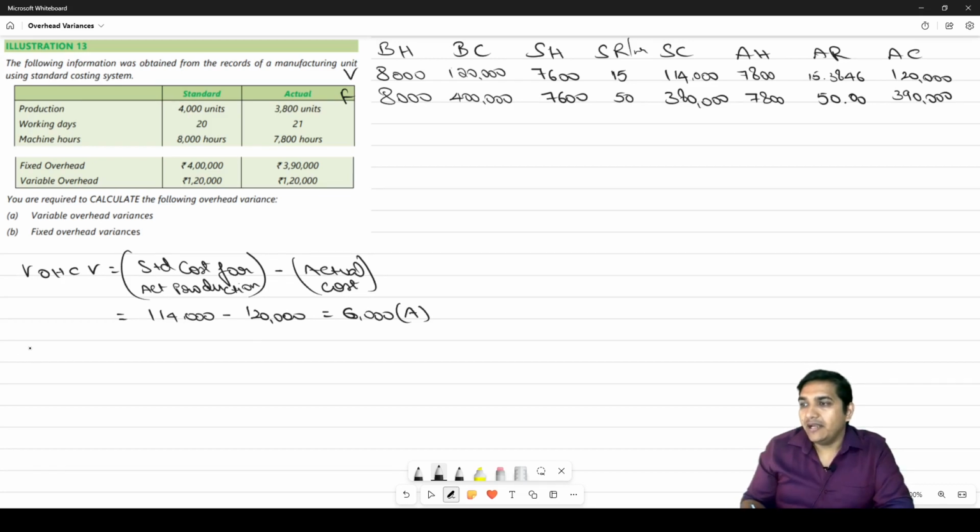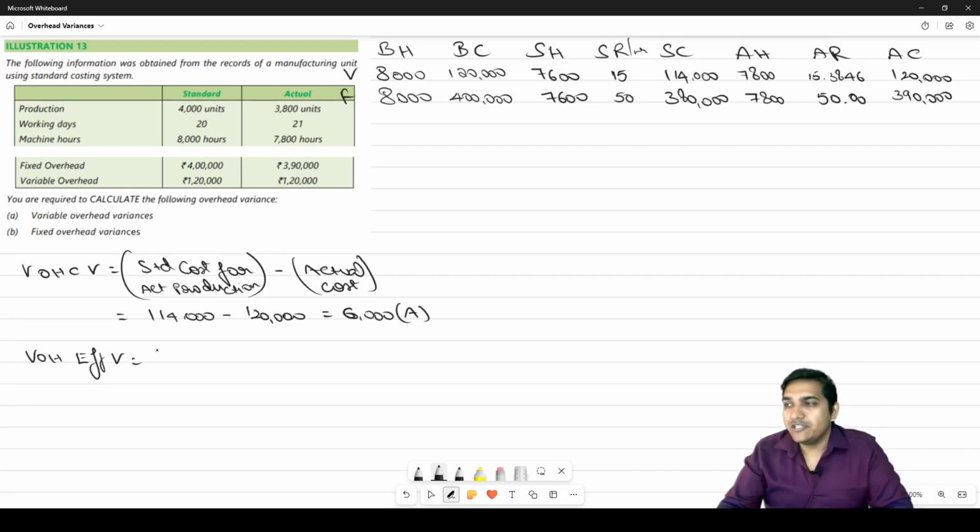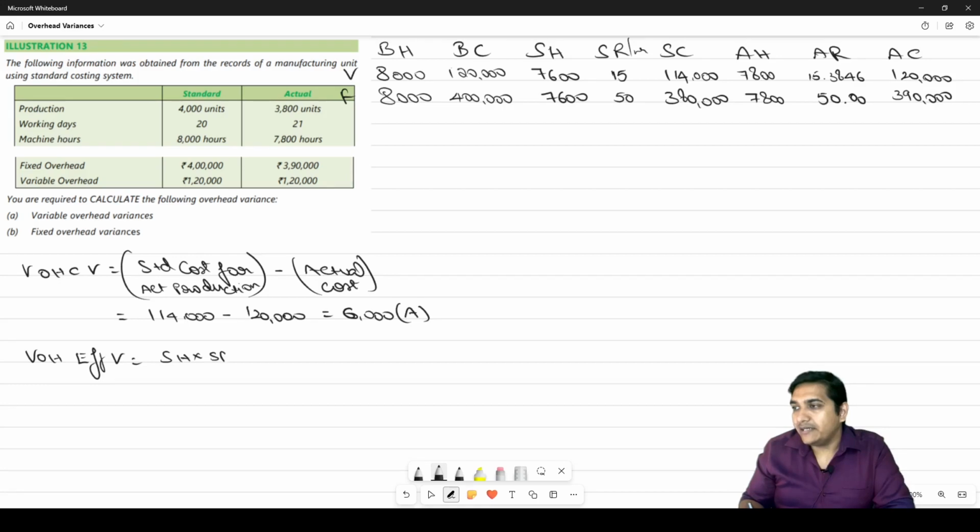Next, we have variable overhead efficiency variance. What is the formula? Standard hours into standard rate minus standard rate into actual hours.